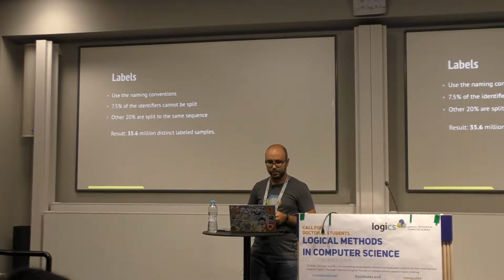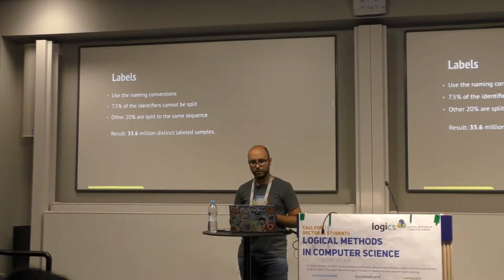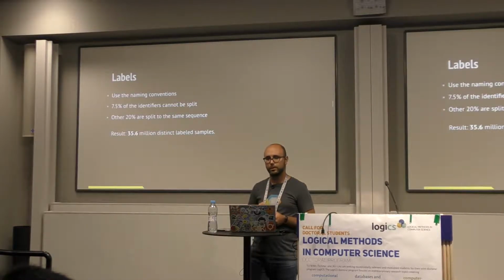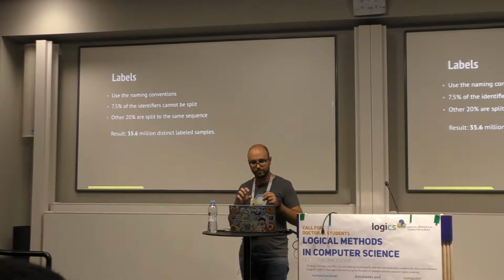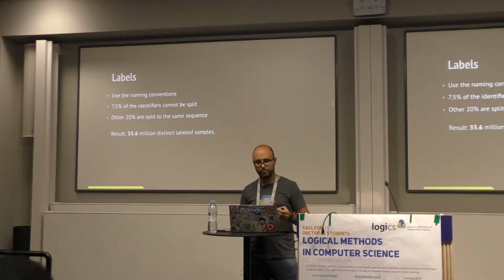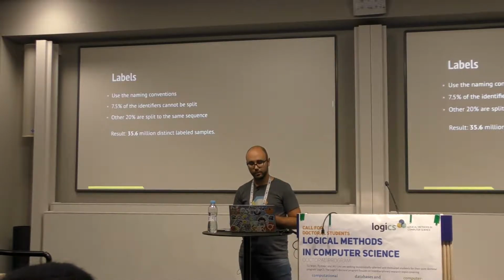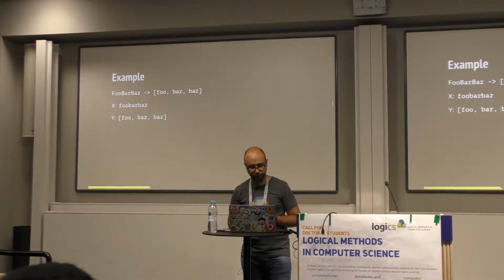And of the rest, 20% become the same sequence after splitting, just because the different cases get normalized and become the same sequence. Also, we throw away numbers, we throw away any non-alpha characters. So this is how we have a big amount of aliases. We reached 35 million after this step.